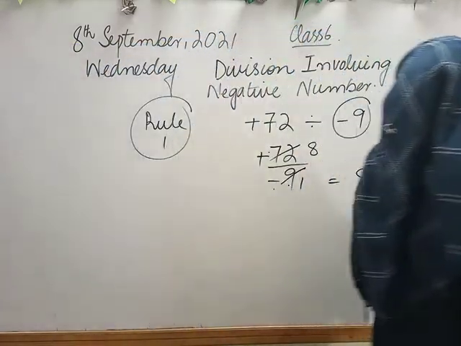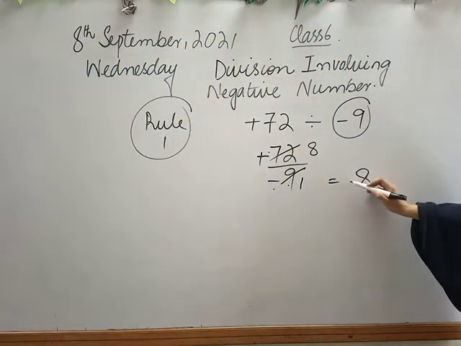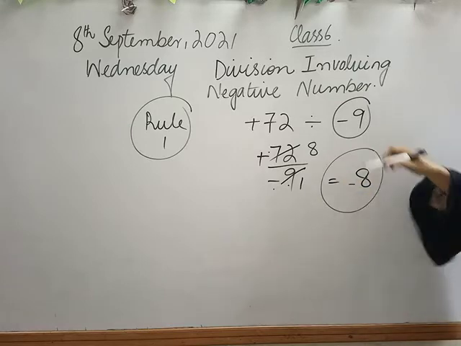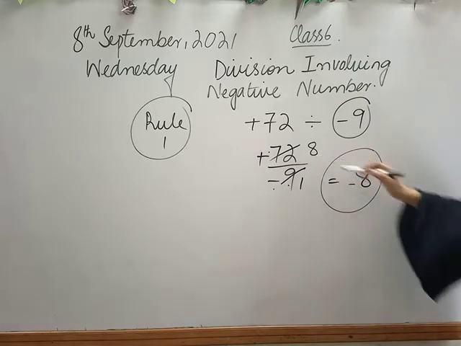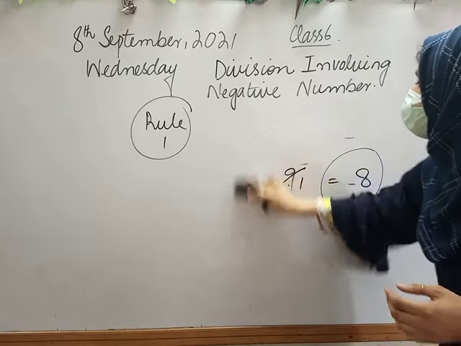Who will tell me what sign we have in the end? Yes, Abu Bakr? Very good. Minus 8. We have minus in the end. As I told you, when we have two opposite signs or unlike signs involved, we will simply write negative in the end. Fine? So this is rule number 1.